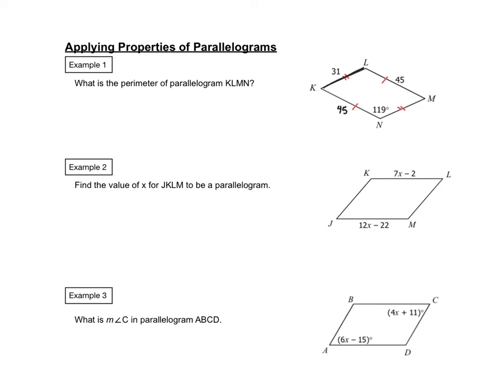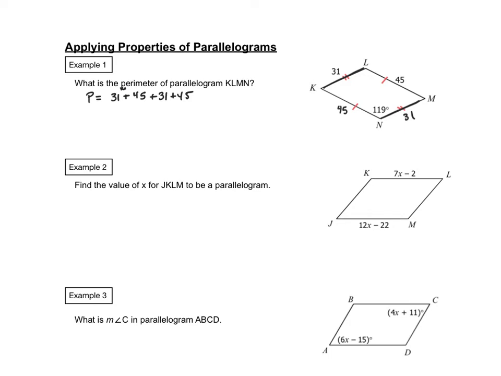If KL is 31, I know that NM is going to be 31. Now in order to find the perimeter, I'm going to add all my sides up. So my perimeter is going to be equal to 31 plus 45 plus 31 plus 45.